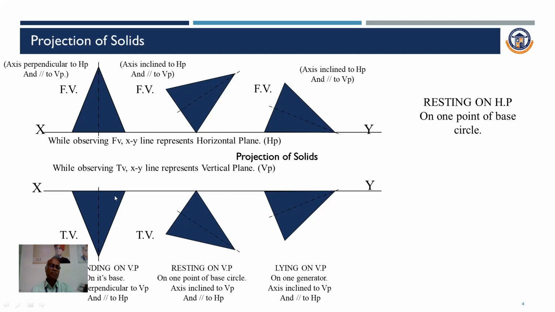In the top view, the axis is perpendicular to VP and parallel to HP, or inclined to VP and parallel to HP, or the axis or generator is lying on VP. This is the position of projection of solids for any object.